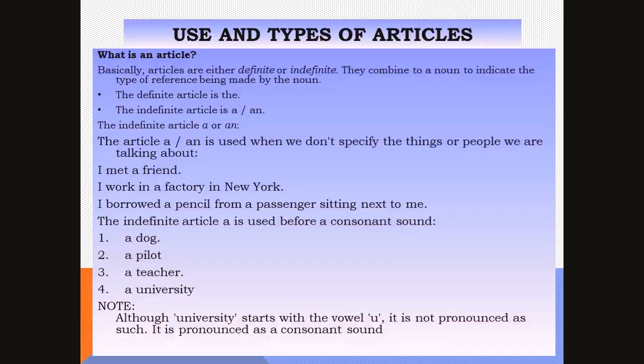Note here that most of the time we are using a and an. A is used before any word that starts with a consonant, and an is used wherever the word starts with a vowel. As you all know, our alphabet has 5 vowels and the other 21 are consonants.